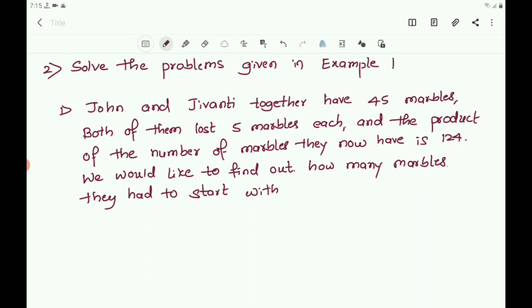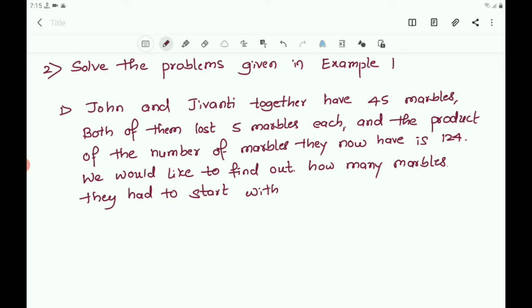Now here we have to solve those questions, the 2 questions in example 1. The first question is, John and Jeevanti together have 45 marbles. Both of them lost 5 marbles each, and the product of the number of marbles they now have is 124. We would like to find out how many marbles they had to start with.